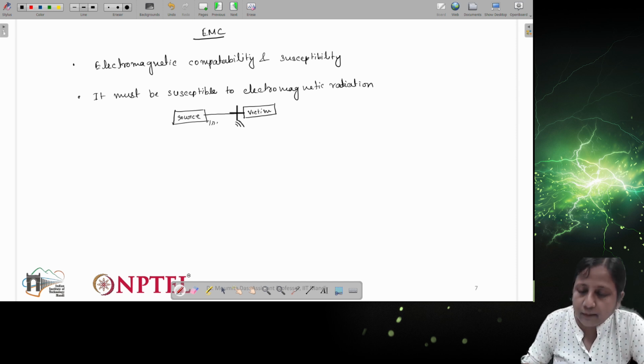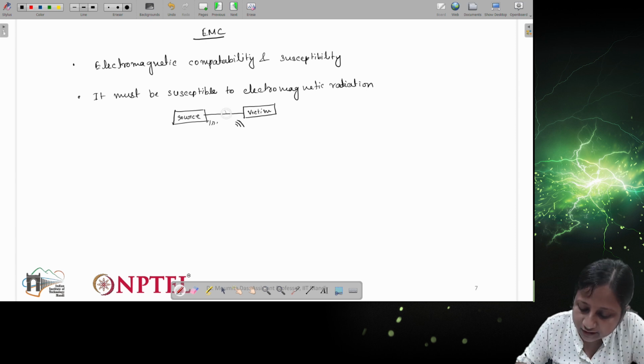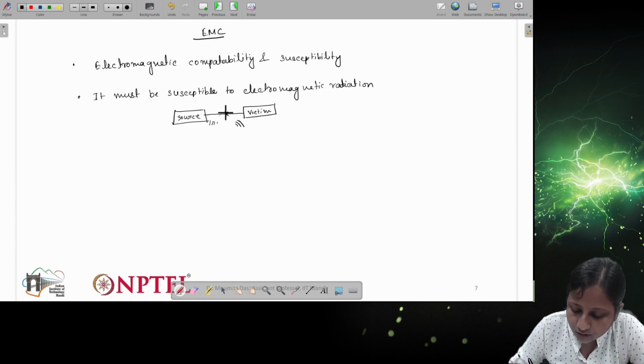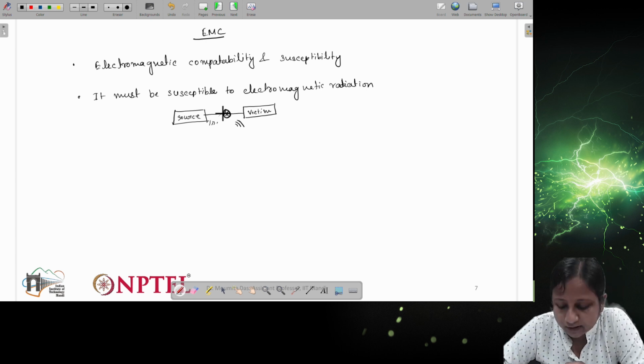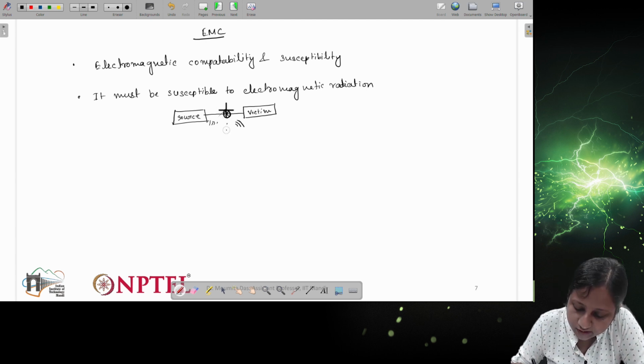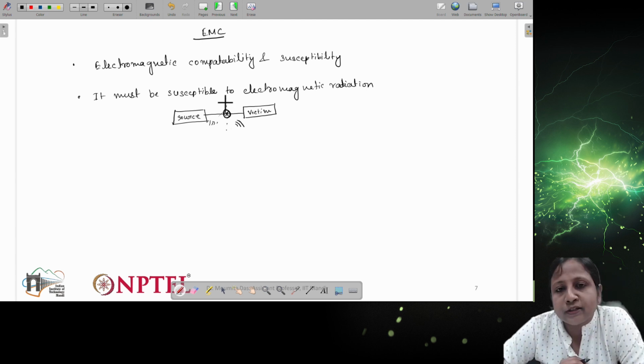So then we have to provide a filter or some medium in between source and victim so that these noises will not affect the victim. This noise will get cut off due to the presence of the filter or the medium, so that the victim will operate properly even in the noisy environment.